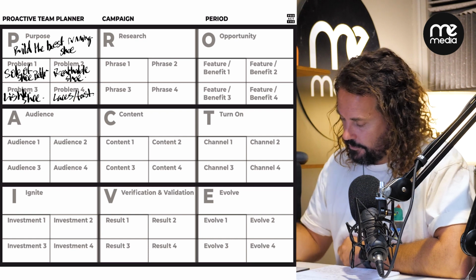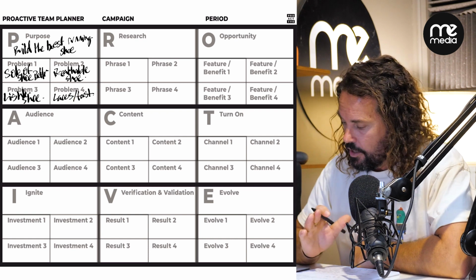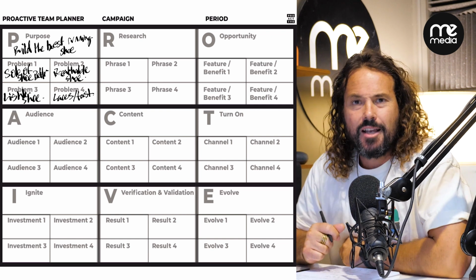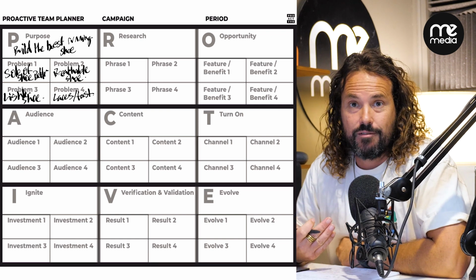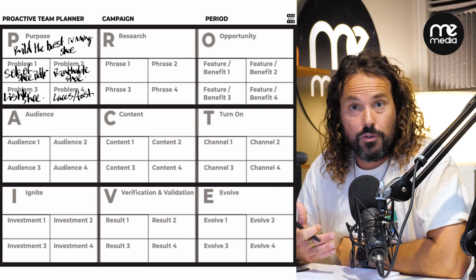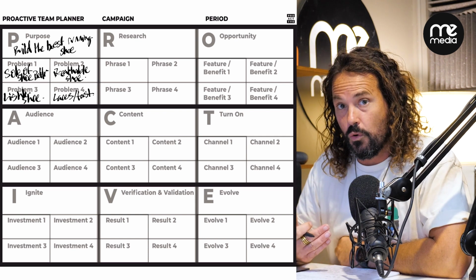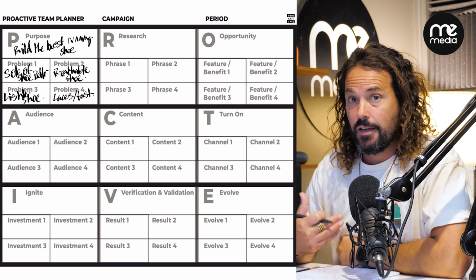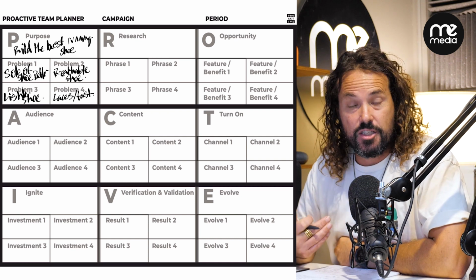So laces, fast, for example. So with the research, how do we know these problems exist, and what are people going to be searching for on the internet when they're considering these problems?